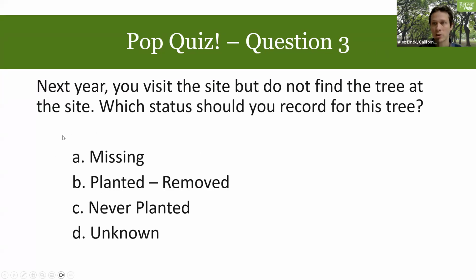Okay. Question 3. So next year you return to the same tree that we just talked about in the previous question, but you do not find the tree at the site. Which status should you record for this tree?